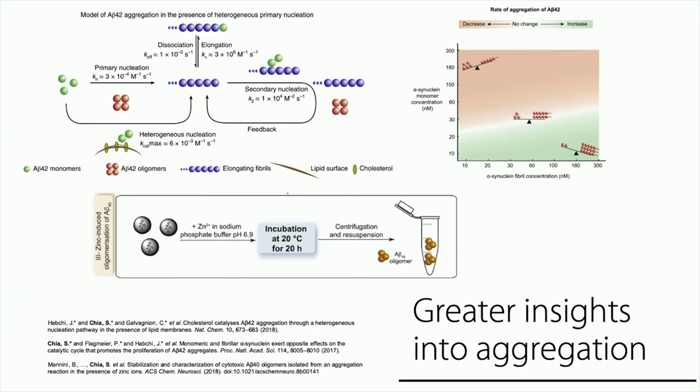Because, as I described earlier, what we have are solutions of buffer with protein and small molecule. That's it. And naturally, we know that the brain contains a lot more. It contains metal ions, lipid membranes, and other proteins. So we want to work towards understanding how aggregation happens in a physiological environment.